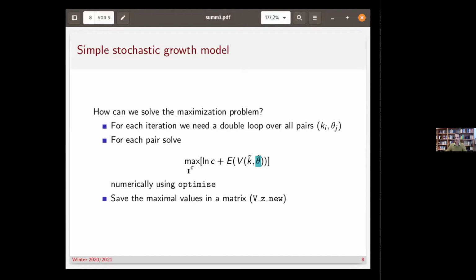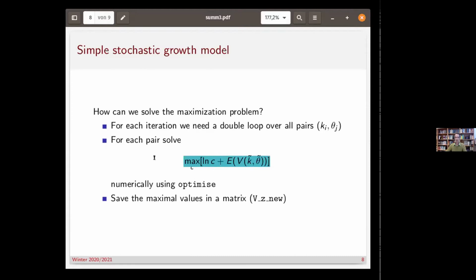And depending on the consumption level, we will not have the capital stock in the next period exactly on a grid point. So again, we have to interpolate the value function. Then we use the quadrature method for the integration. This is simple, adding the instantaneous utility, and then finally maximize that over the consumption.